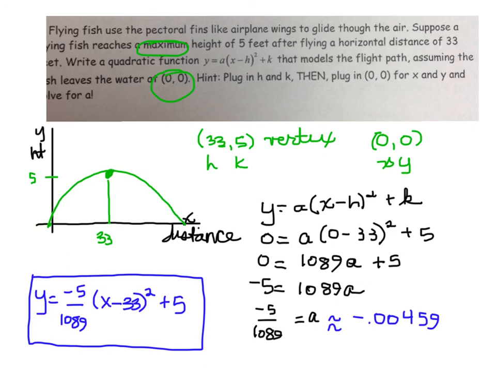Okay? So think about this. A is negative, but it also tells me what my stretch and compress is. That's a really big compression, which means this fish, if this is my water, the parabola is really wide, so he's flying a distance.